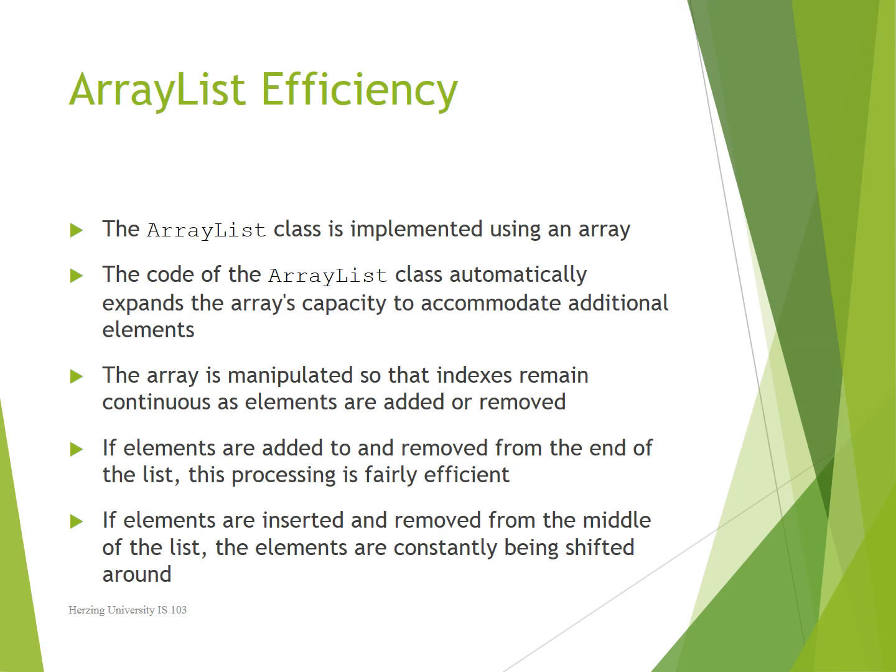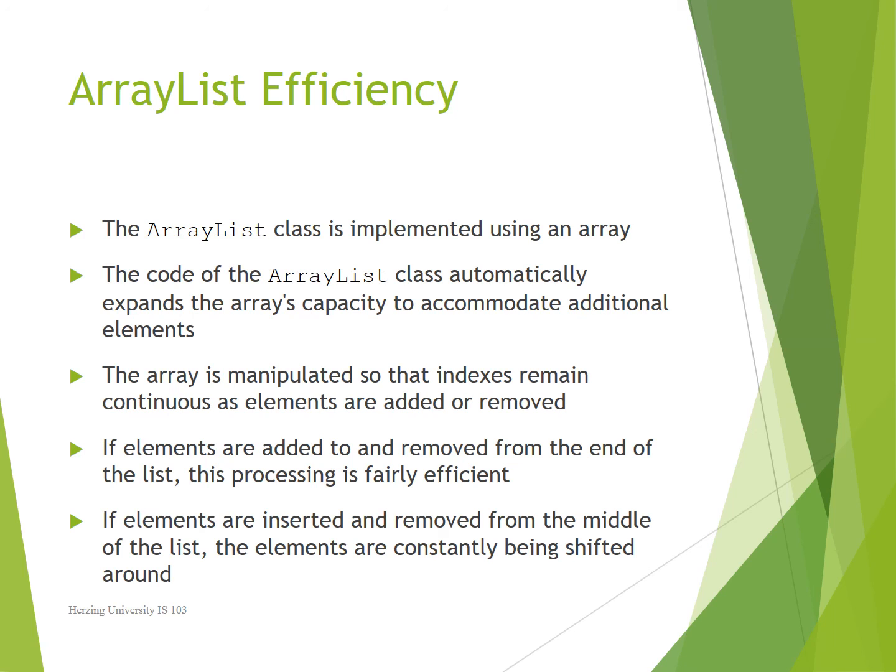ArrayList efficiency. The ArrayList class is implemented using an array. The code of the ArrayList class automatically expands the array's capacity to accommodate additional elements. The array is manipulated so that indexes remain continuous as elements are added or removed.